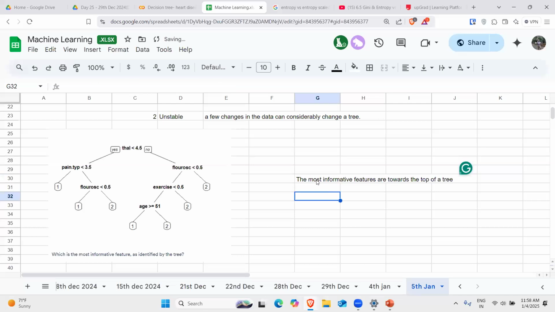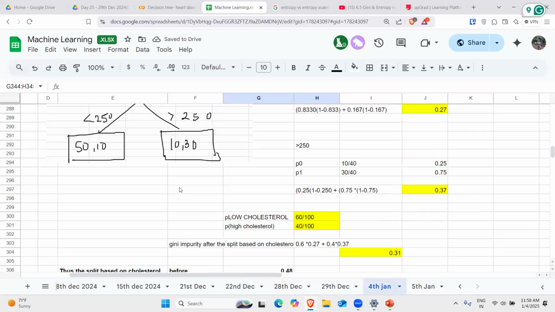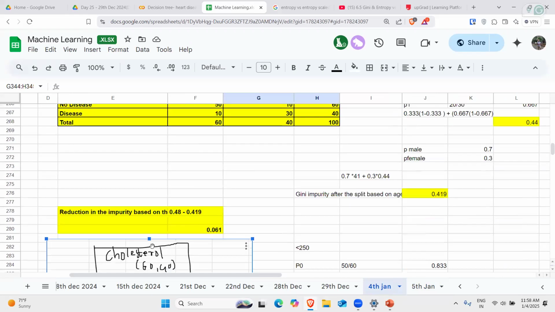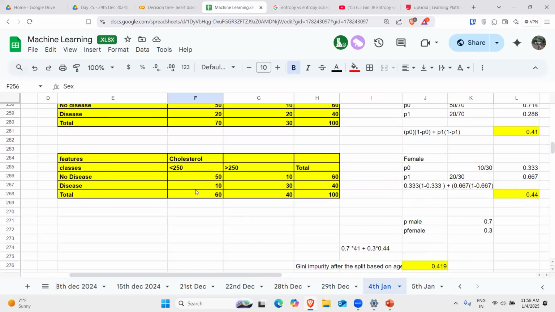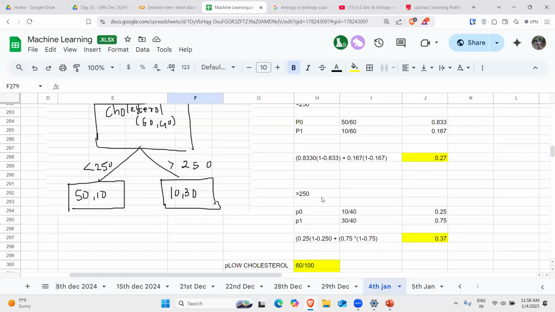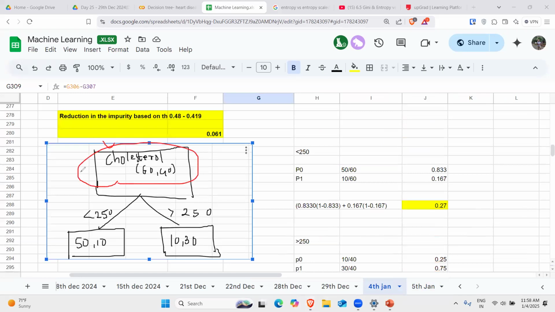Why? Because as you have seen from this example, splitting should be done based on the cholesterol, not on the age, because cholesterol has the maximum reduction in the entropy, that is impurity, which is 0.17, and that is why cholesterol is the most important feature here, right?